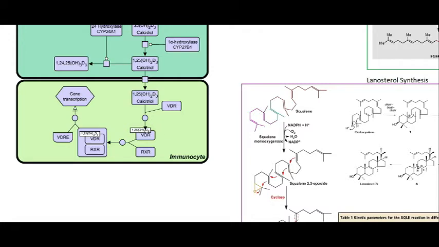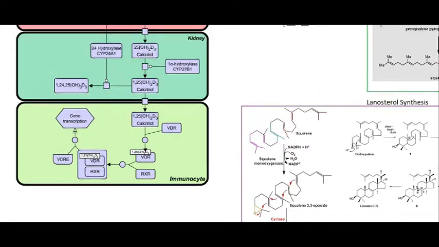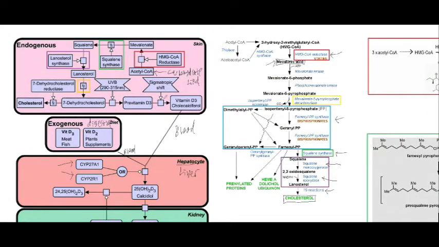And this can help with things like gene signaling for genes to turn on and off. But we're pretty much going to focus mostly on this. We'll get to this step in later videos, where I will go over a lot of the biological functions of vitamin D. But for now, we're just going to focus on the biosynthesis.